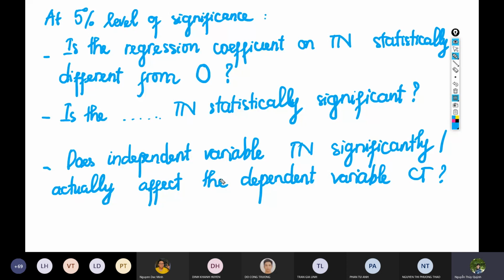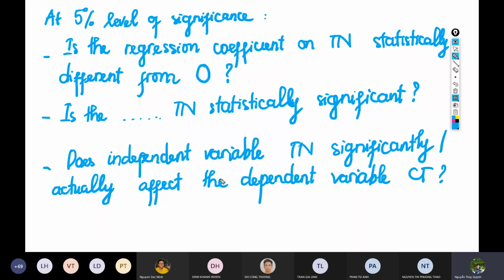That means that you have to test for the individual regression coefficient on Tn. It's just a different way of asking the question. Is the regression coefficient on Tn statistically different from 0, or statistically significant?